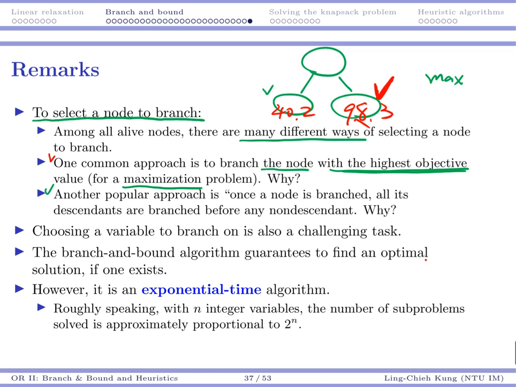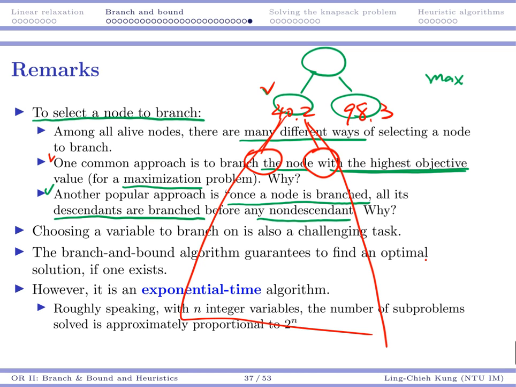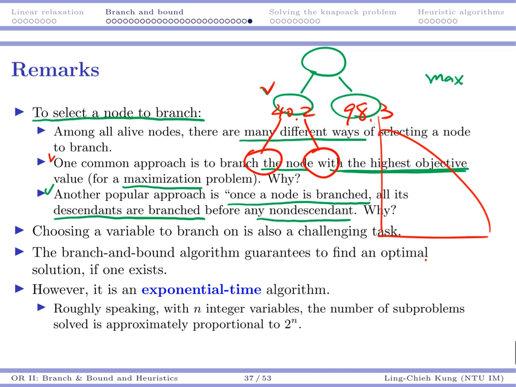Another idea is here. We say that once a node is branched, all its descendants are branched before any non-descendant. So what's that? The idea is the following. Suppose we do this one first and get its descendants. Then in any case, we will finish this particular subtree before we try anything on the other subtree.